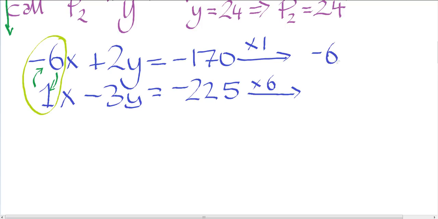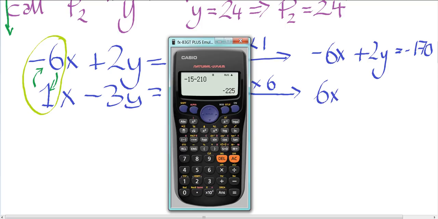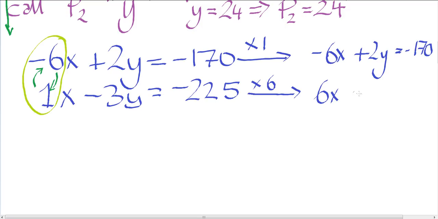So really, multiplying the top equation by 1 means it doesn't change, so I'm going to be left with the same thing: minus 6x plus 2y equals minus 170. And I'm multiplying the bottom equation by 6, so 6 by 1 is 6x. 6 by minus 3, just double check it in the calculator, type it as you say it nearly, minus 18y.